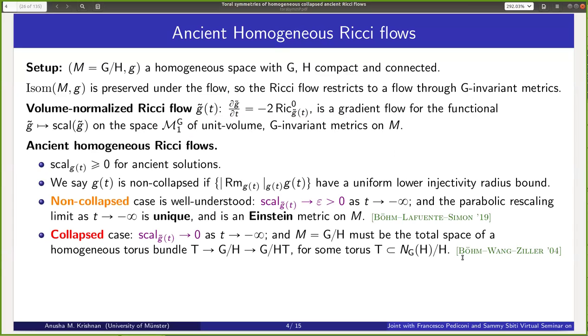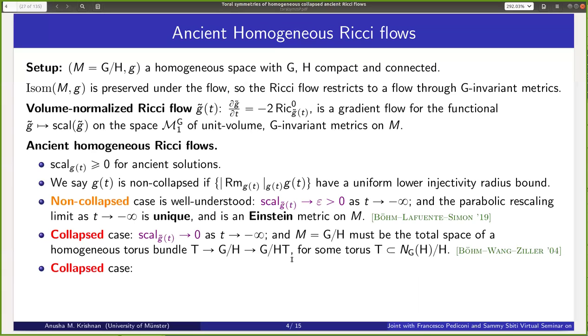And so by the theory developed by Bohm and Ziller, it's known that the manifold must fit into this homogeneous torus bundle picture. Okay, so in the collapsed case, we have some more structure for the manifold.